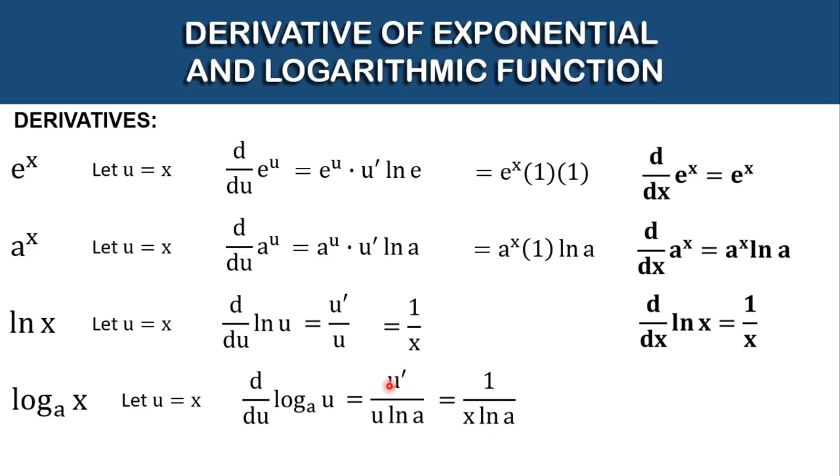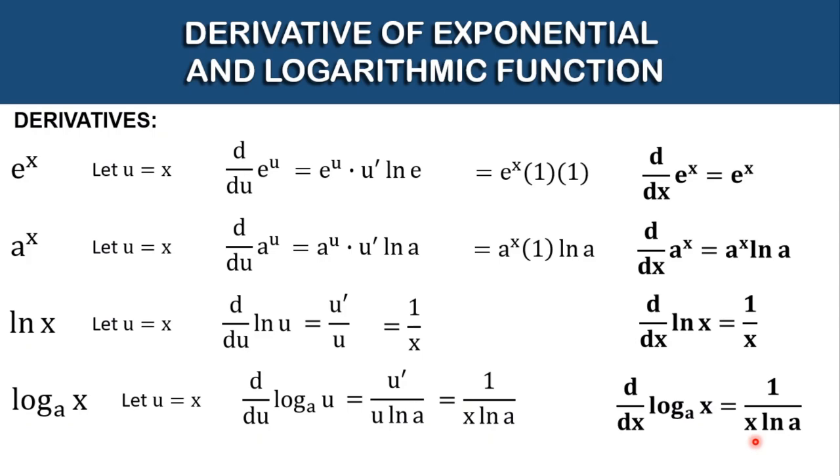U prime again is 1 because u is equal to x and the derivative of x is 1. And u in the denominator, u is equal to x, so we have x here. Then times ln a. So kung ano man yung value ng ating base, yun yung ilalagay natin dito. Therefore, the derivative of the logarithm of x with base a is 1 over x times ln a.